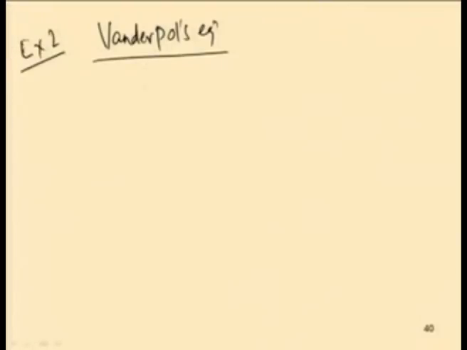In this case the equation can be written in this form: u double dot plus u minus epsilon into 1 minus u square into u dot equal to 0.